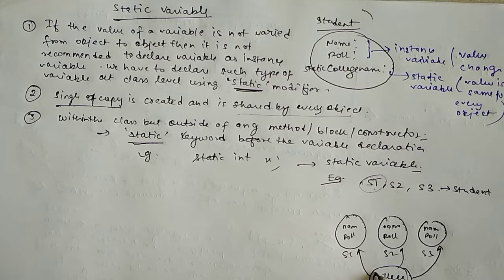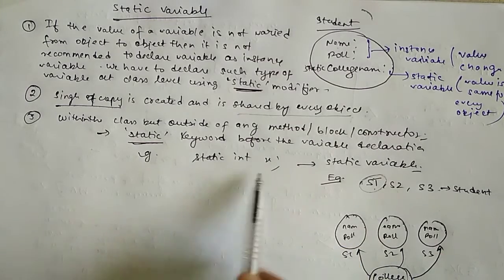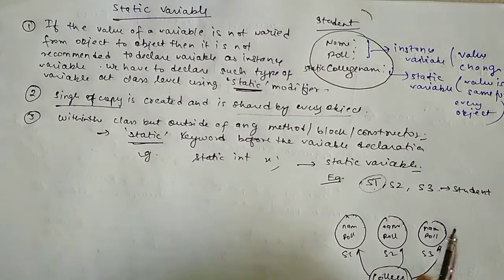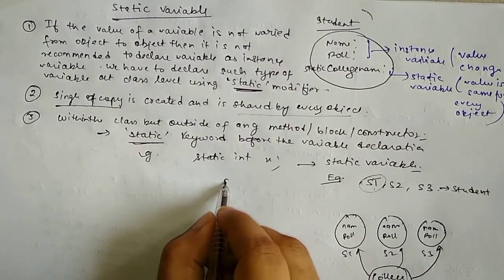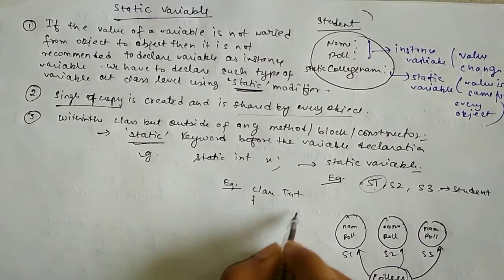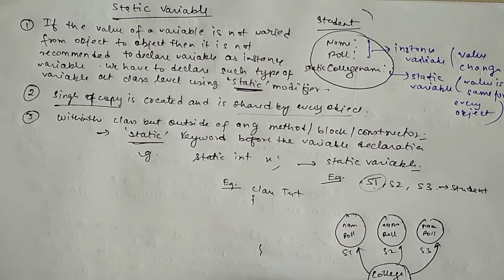So the scope is that static variables are created at the time of class loading, when the class loads. Suppose we have a class Test; when the class loads, the static variable is created, and before the unloading of the class, the static variable is destroyed.